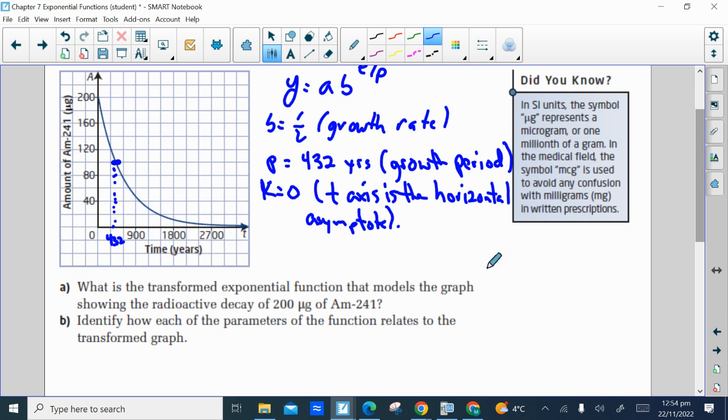So if we plug these in, we will have A for the amount of AM-241 equaling A times B, which is a half, to the power T over 432. And if we use the initial point, 0, 200, we can calculate what A is.